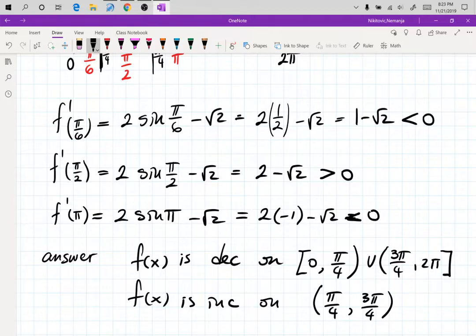You don't measure increase or decrease at a single point. You have to have some range interval, right, to compare at least 2 points. So pi over 4 doesn't belong to any of the intervals. Cool? Cool. That's calculus.